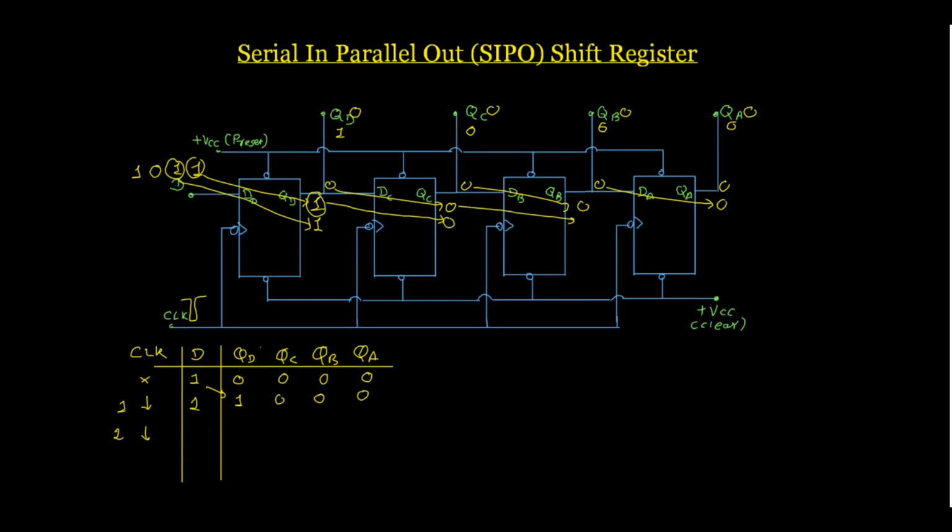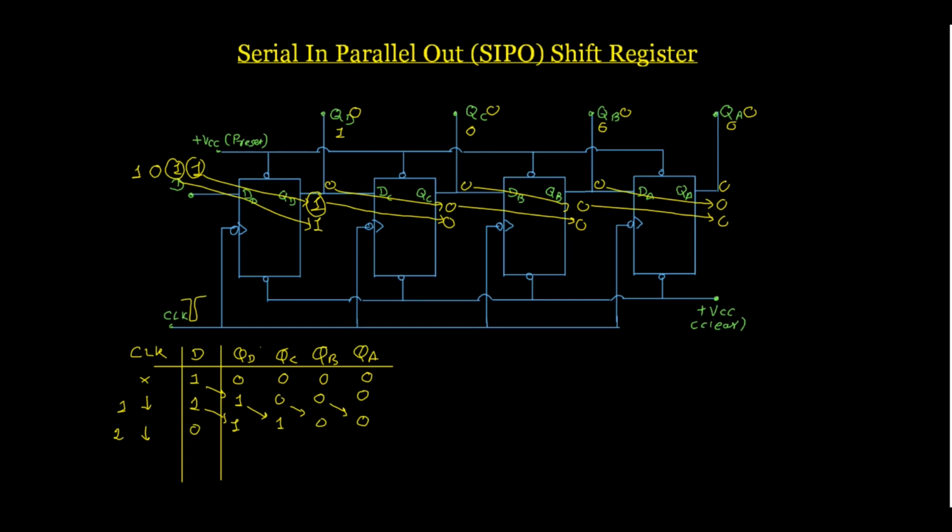This 0 will be transferred here, and this 0 here. So after the second negative edge, this 1 is transferred to QD, this high level is transferred to QC, and the 0s are transferred to QB and QA. Meanwhile, my third input is present at the input of the SIP register. Correct?